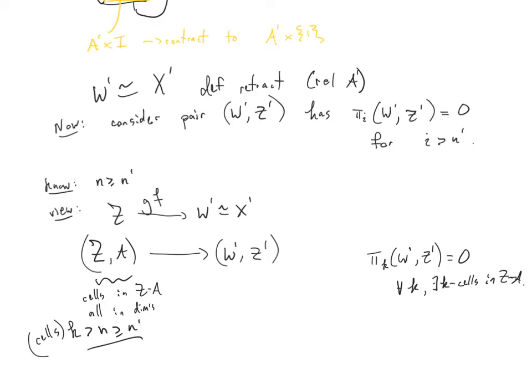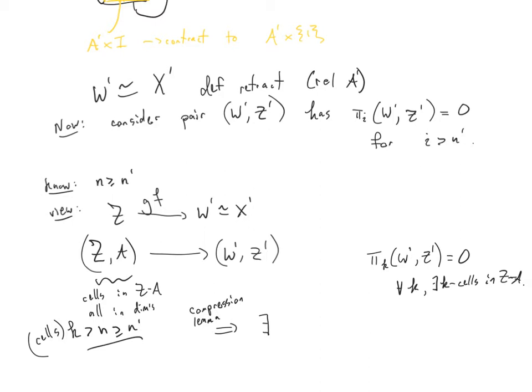So what we can do by compression lemma is get a map of z landing entirely in z prime, not in w prime. This is our hypothesis for the compression lemma. The conclusion is there exists a map, homotopic rel a to g of f, such that it lands in z prime.